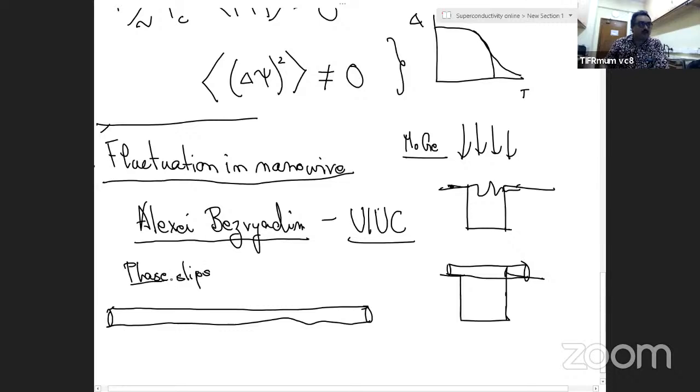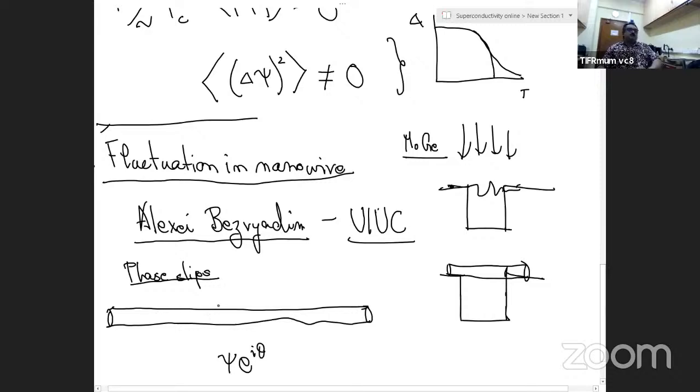So what are phase slips? This is a superconducting nanowire, and it will be described by this phase theta, which is the quantum mechanical phase of the Cooper pair, and is the same for all the electrons in this nanowire.